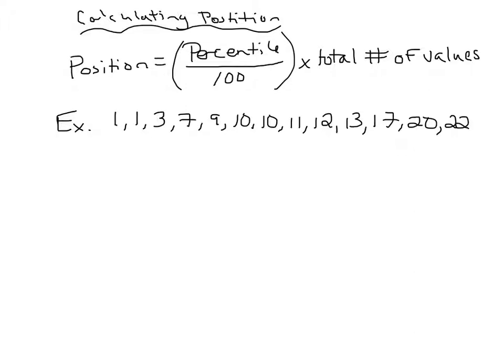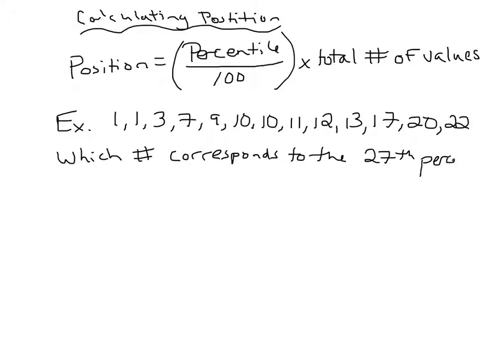We have these numbers. They could ask you which number corresponds to the 27th percentile. Whenever they're asking you for the number rather than for the percentile rank, you can use the position formula.